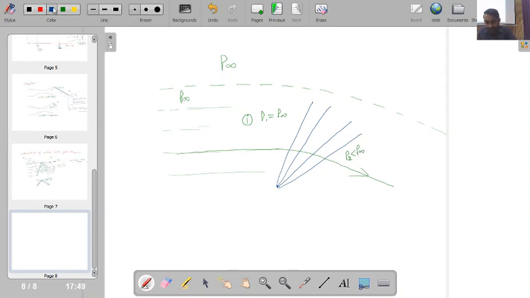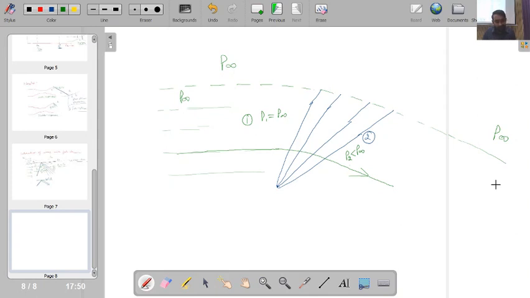Now these are my expansion waves which are interacting with this far stream. So in the downstream, it has to ultimately meet with this P infinity. So what should happen? I should have an increase of pressure from P2 to P infinity.